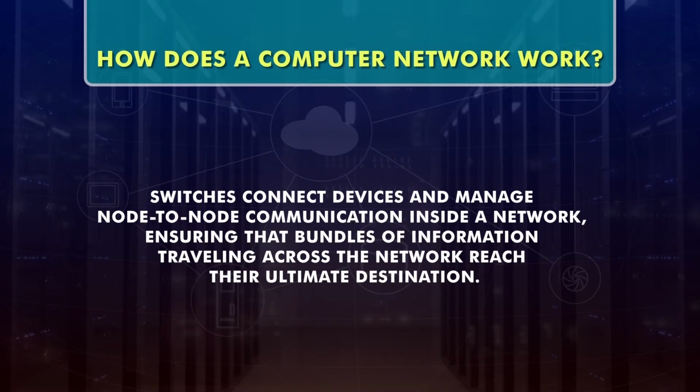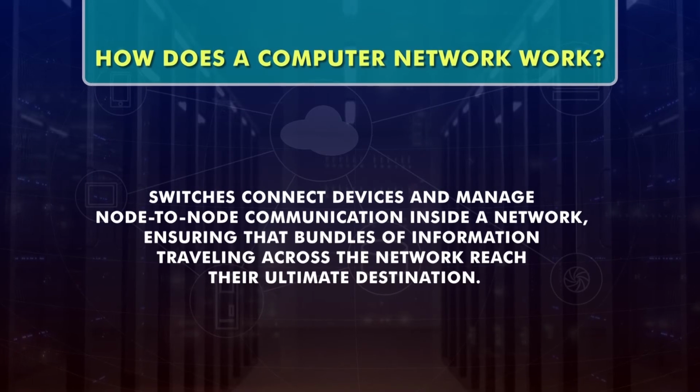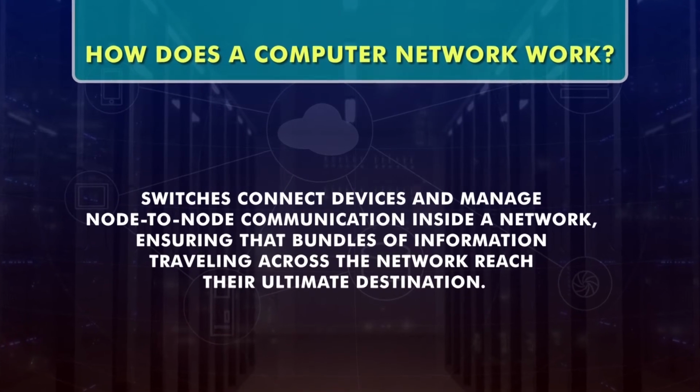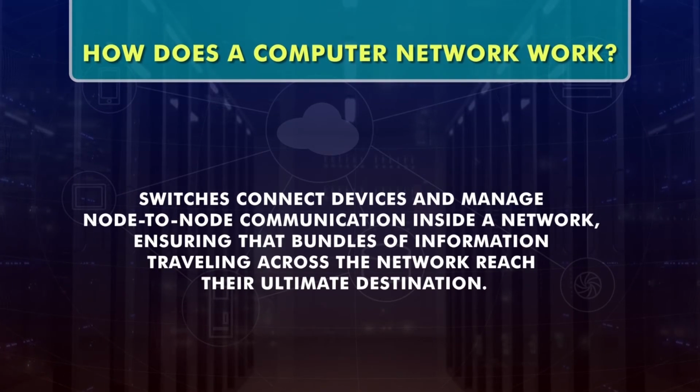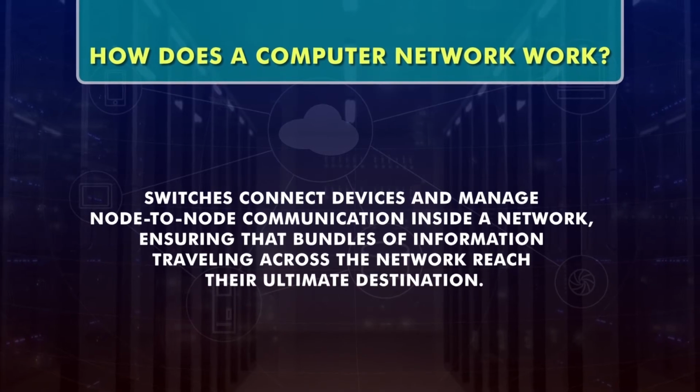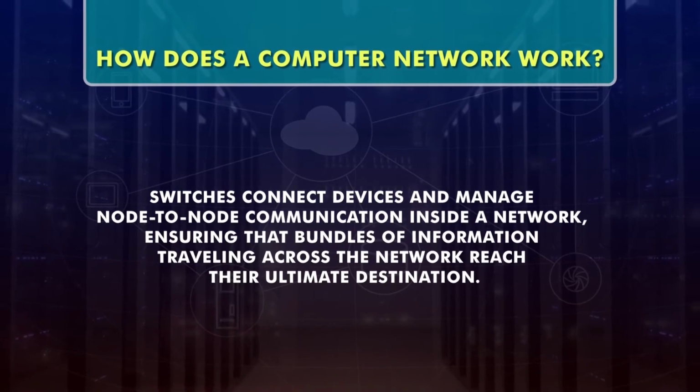They analyze information to determine the best way for data to reach its ultimate destination. Switches connect devices and manage node to node communication inside a network, ensuring that bundles of information traveling across the network reach their ultimate destination.